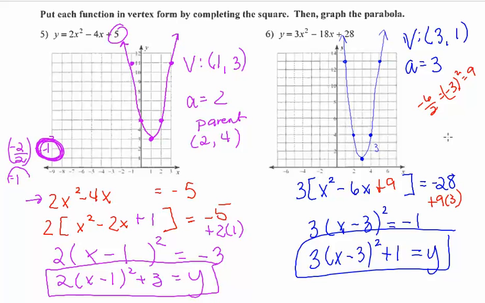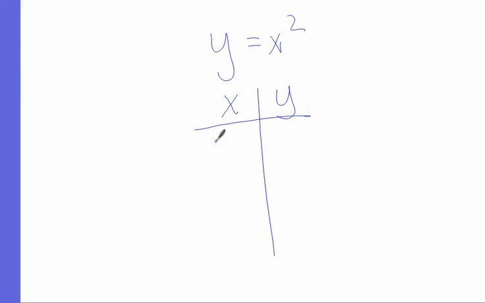Do we have a parent function? Of course we do. What is our parent function? It is. That's exactly what goes in the table. But what is the parent? It's y equals x squared. It's the U, parabola shape. And the table of values, just because you might want to see them, my parent function that I'm constantly using is this.